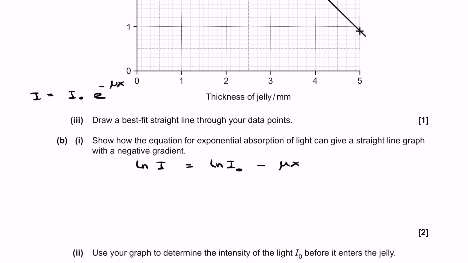And if we compare it to the equation of the straight line, which is y equals mx plus c, we can safely say that m, which is the gradient, is negative mu. So it shows that it has a negative gradient.